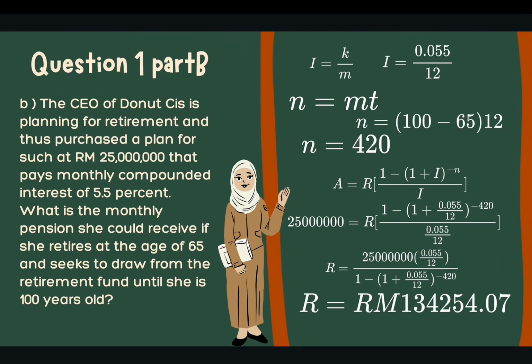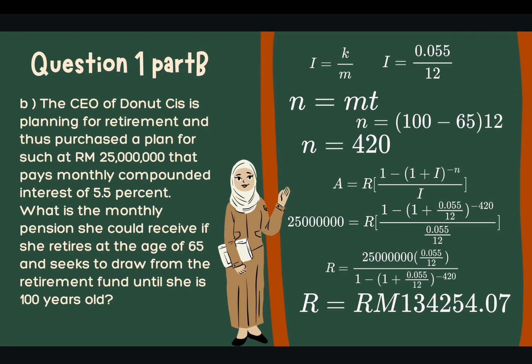For question 1, part B, the CEO of Donut Cheese is planning for retirement and thus purchases a plan for RM25 million that pays monthly compounded interest of 5.5%. What is the most monthly pension she could receive if she retires at the age of 65 and seeks to draw from the retirement fund until she is 100 years old?